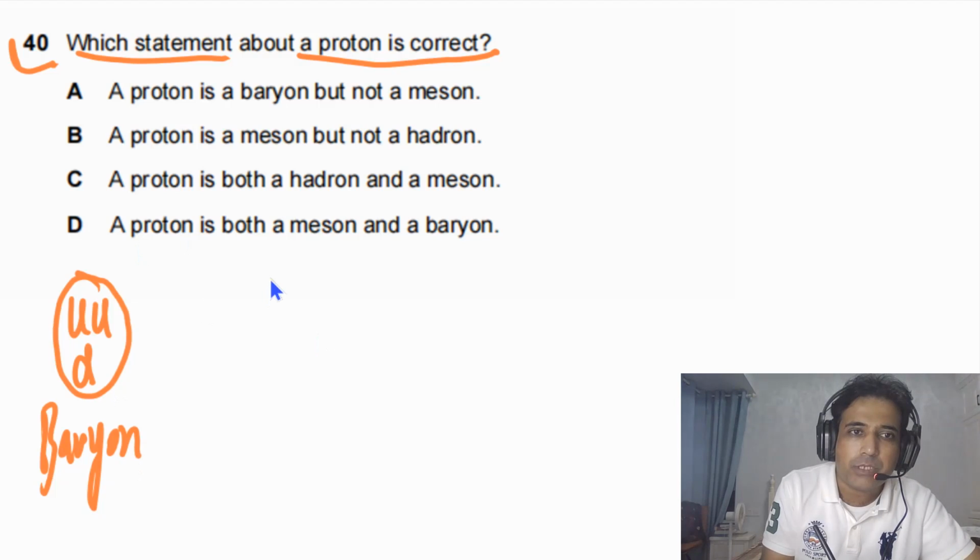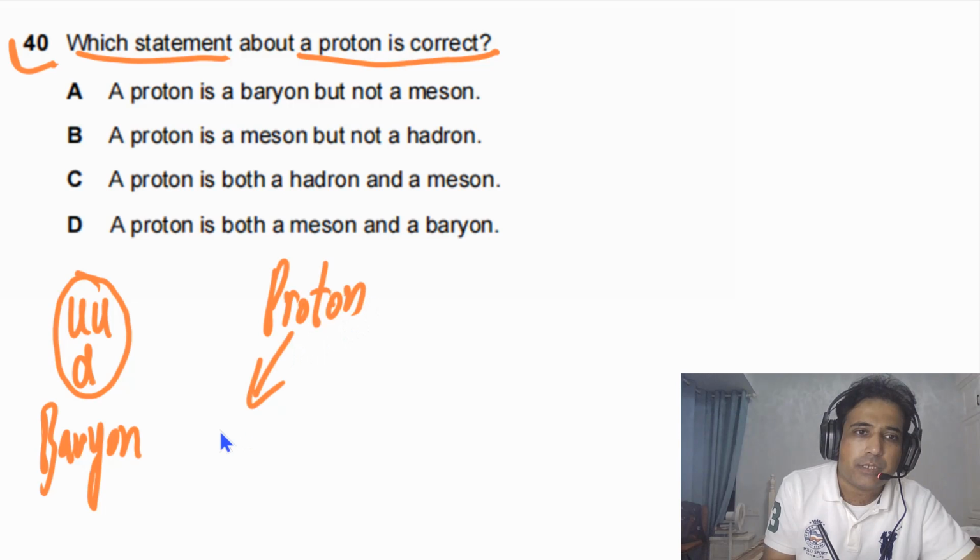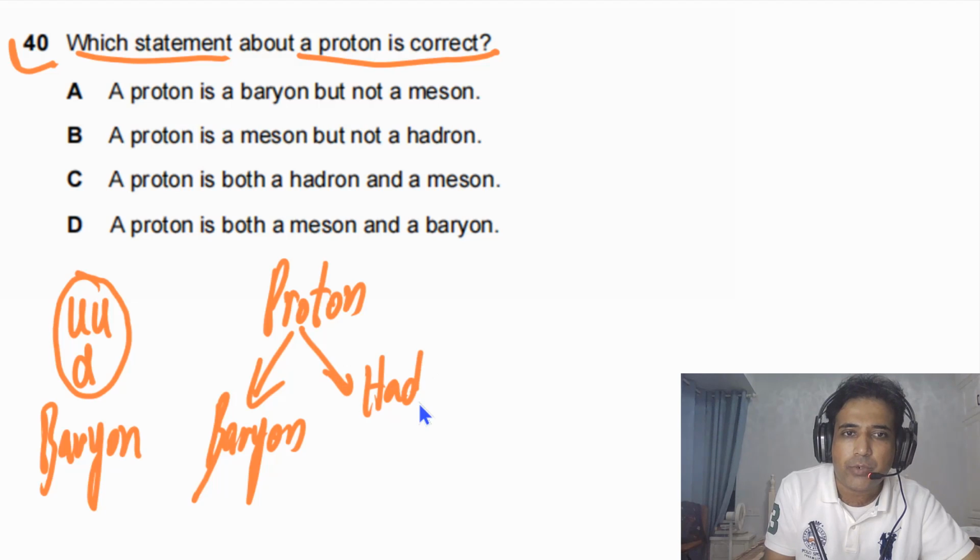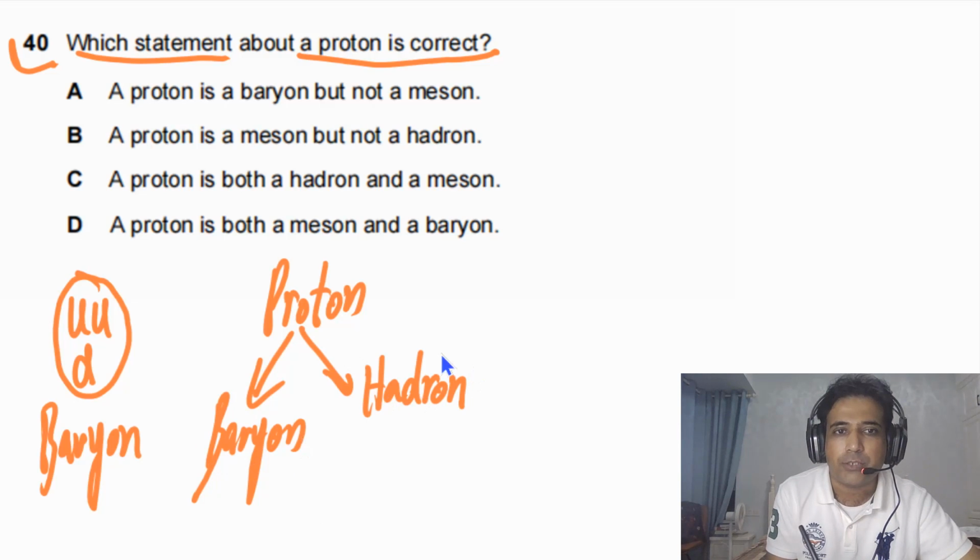And proton is also a hadron, because protons experience strong nuclear force. Leptons do not experience strong nuclear force. So if you have understanding of this, you can find the answer.